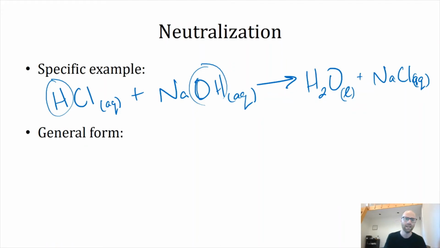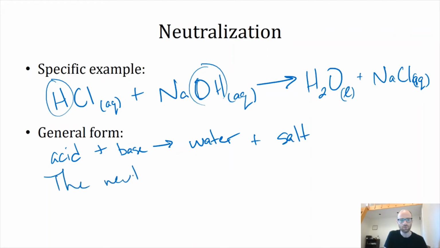So in our specific example, we have an acid, hydrochloric acid reacting with sodium hydroxide to make water plus sodium chloride. If we were to take that into a general form, just what substances are present are represented by each specific chemical. Acid and base will react to yield water and salt.